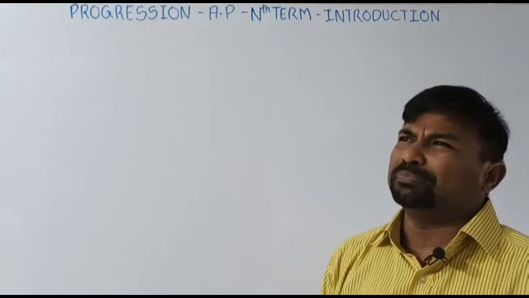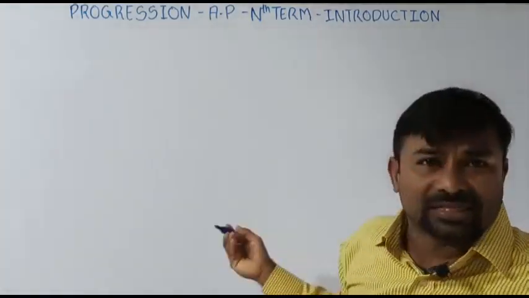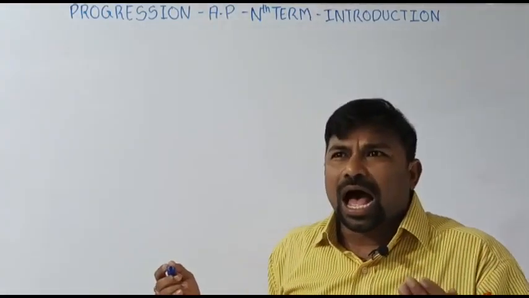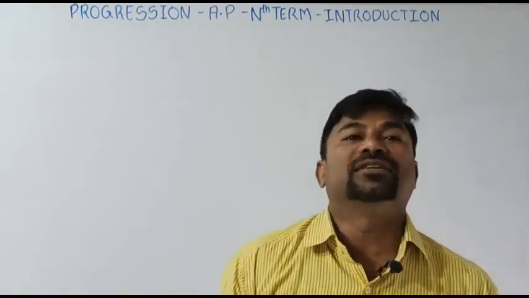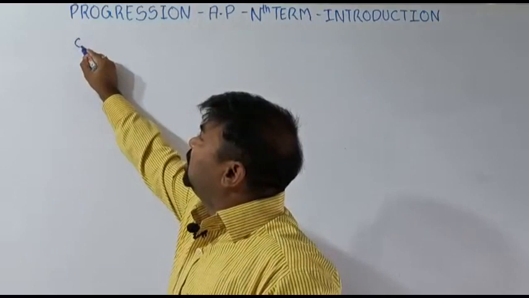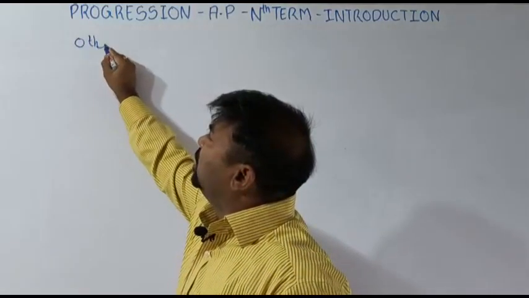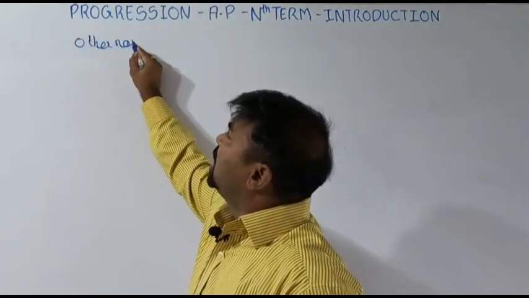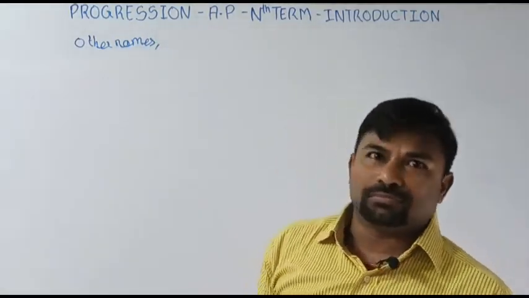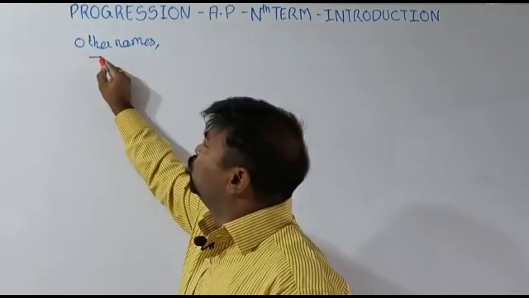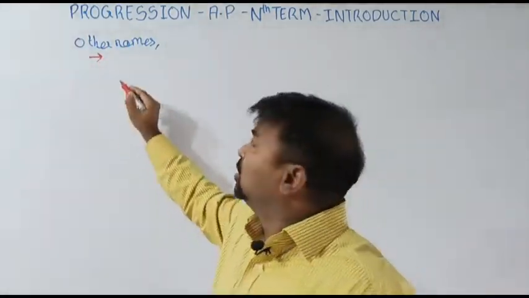Okay, so straight away, dealing with the nth term formula, first I would like to introduce the other names of the nth term formula. What are the other names the nth term formula has? We use the word general term.